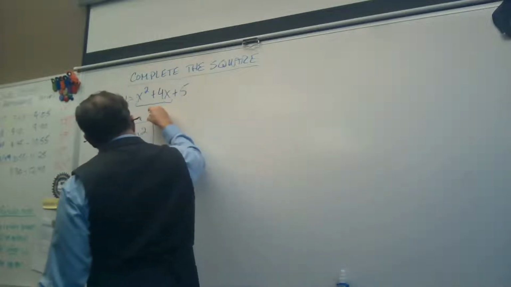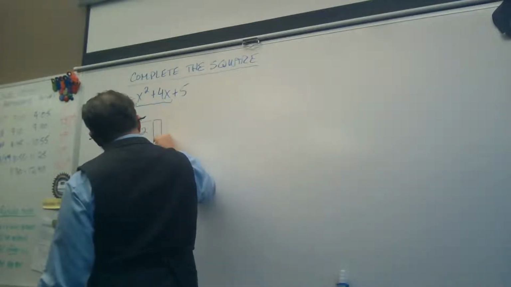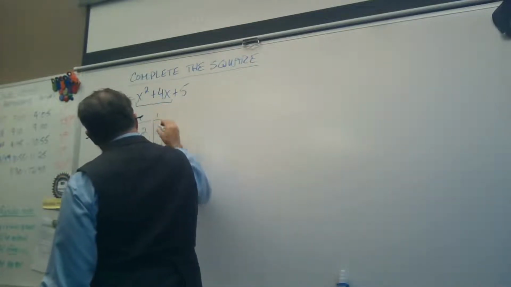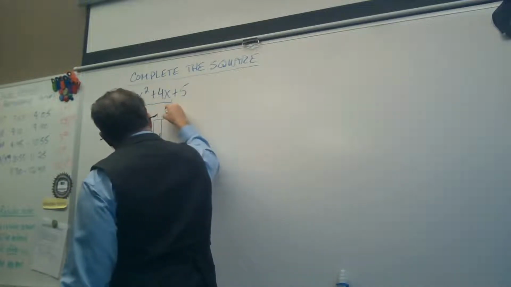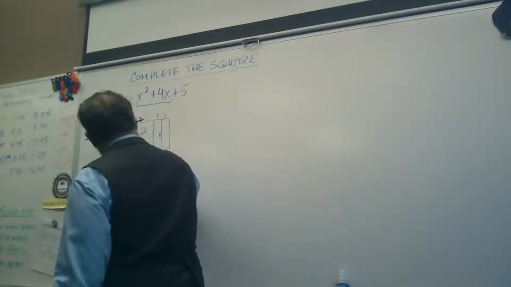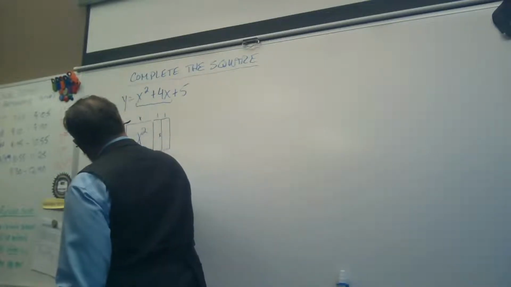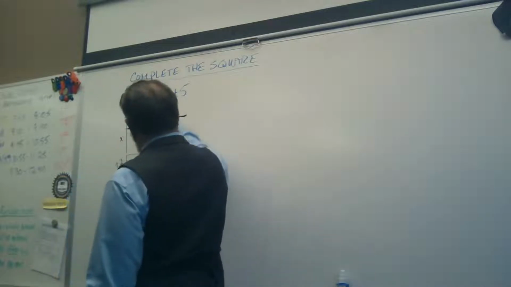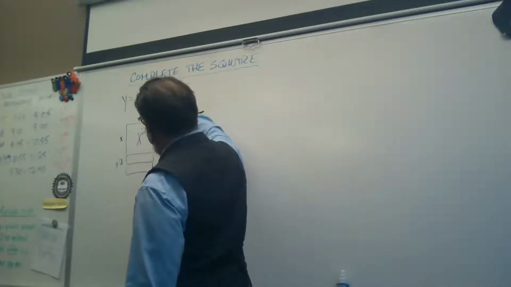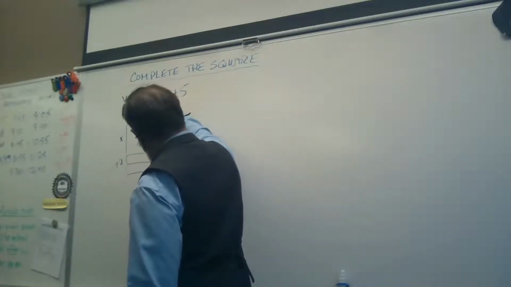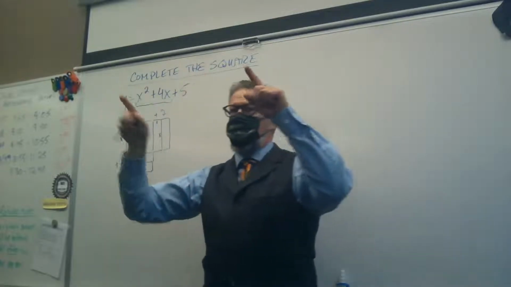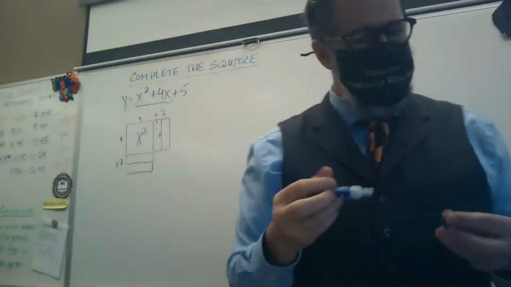X tiles are 1 by x. And I have 4 of them. So if I'm going to make a square, I can put 2 of them on each side. And that gives me x plus 2. In fact, I want to put that in there. That gives me x plus 2 by x plus 2.